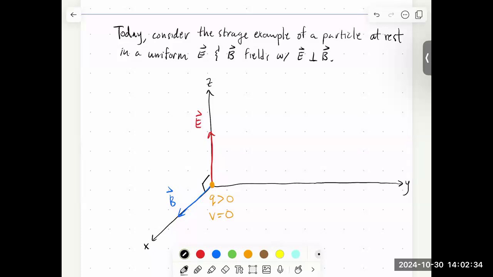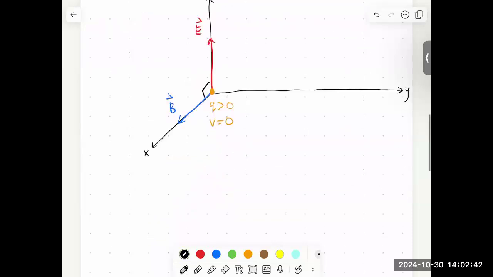We're not going to solve this problem mathematically. I want to see if we can understand the behavior qualitatively. So let's see if we can do that. So we will examine the resulting motion of the charge qualitatively.